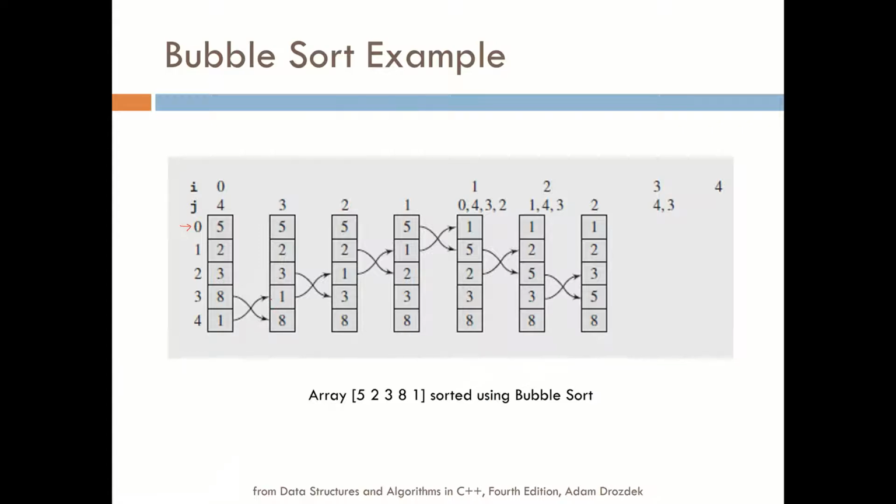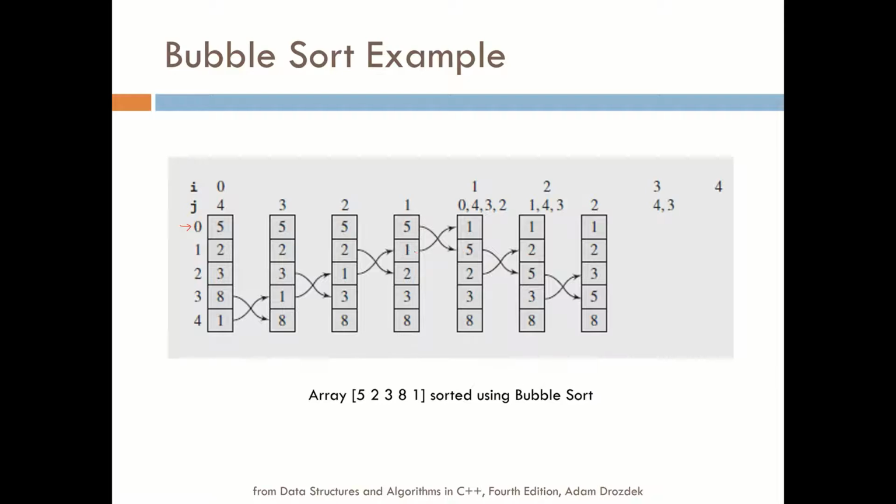And now we're here, and now we have to compare the thing at j with the thing at j minus 1. And we do so, and 1 is less than that, so we make the swap, and then we move and compare the 1 and the 2, and we find that the 1 is less than the 2, and we make the swap.